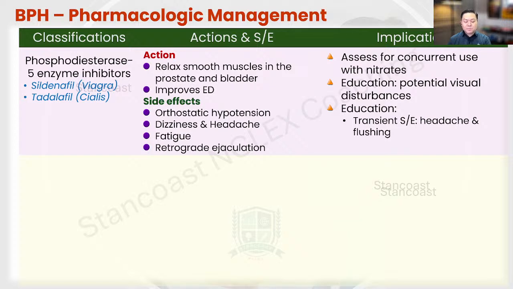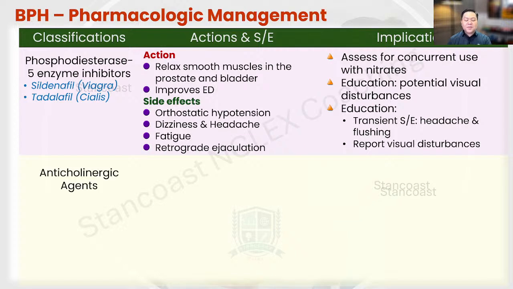But tell them that this is a transient side effect that can disappear after several weeks of therapy. Now, have them report those visual disturbances that can start to occur when they take this kind of medication, because it can complicate things, such as the glaucoma.